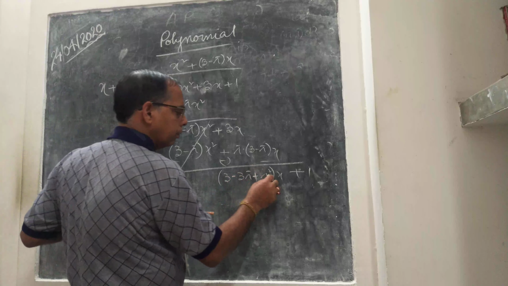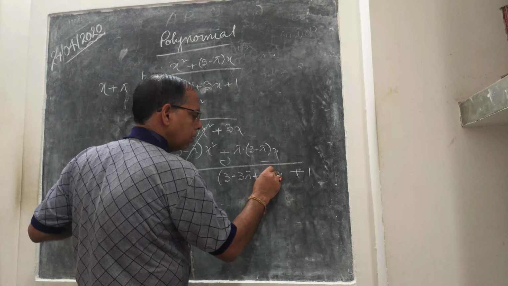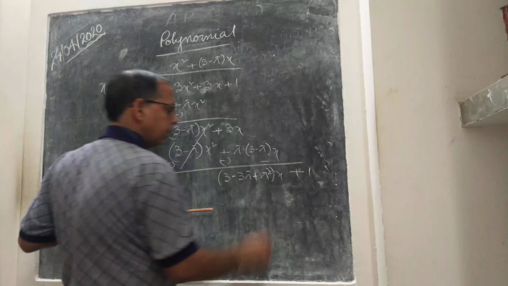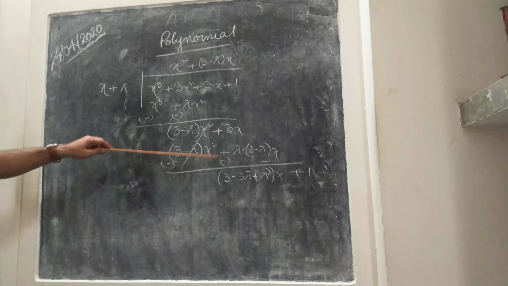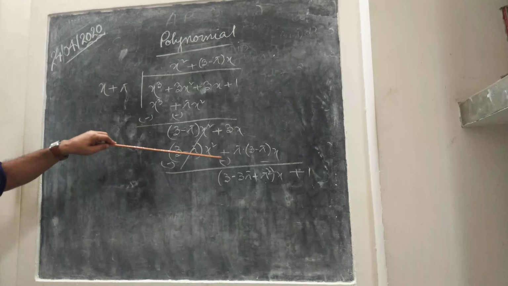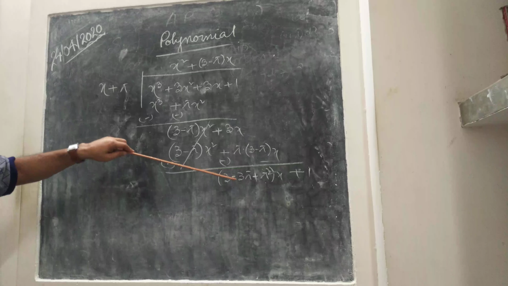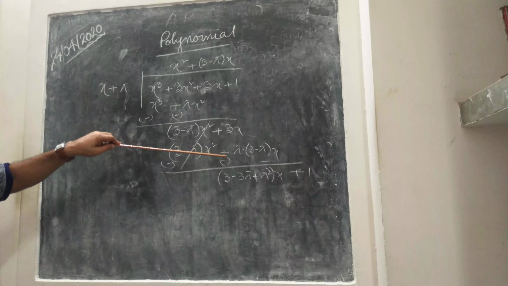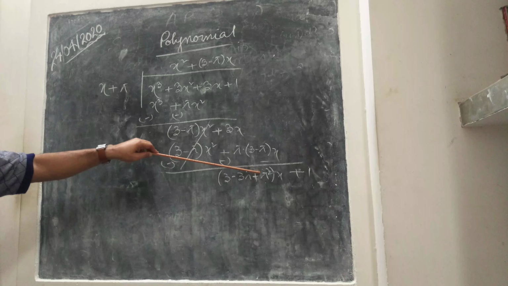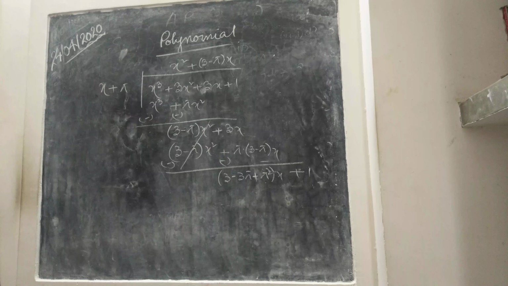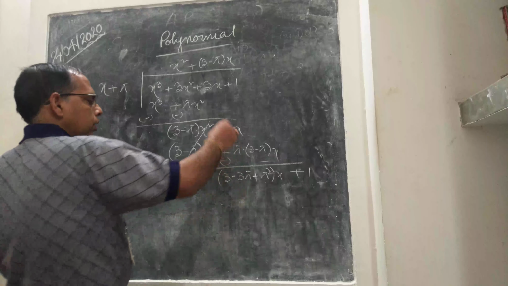Pi squared. Okay, pi squared. See, plus converted into minus, so minus into plus, minus 3 pi, minus into minus, plus pi squared, so x. So here it will go once again, what is that?